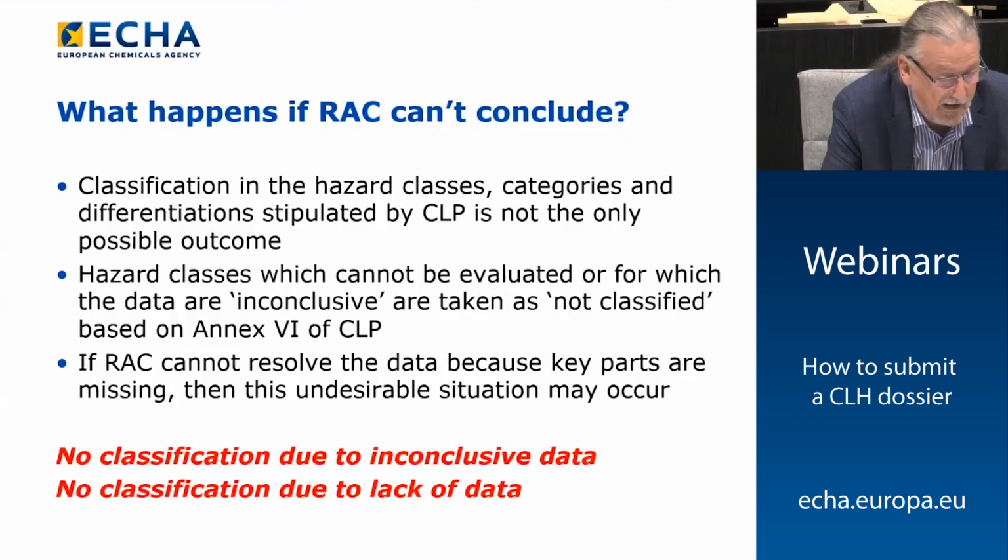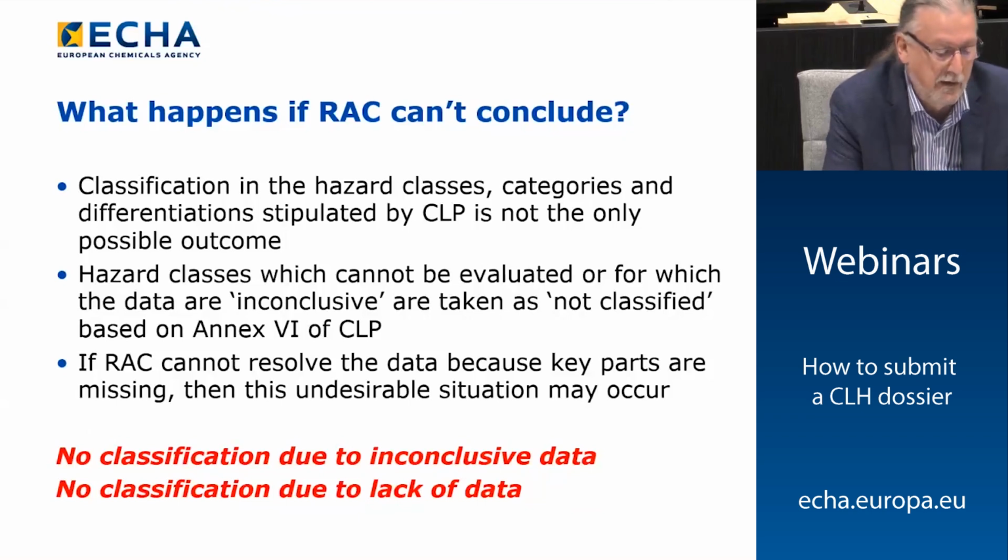Hazard classes which we can't evaluate, or where the data really are inconclusive, are taken, almost by default in CLP, as not classified based on Annex 6 to CLP. So if the available data can't be evaluated, or is inconclusive, then the default is not classified.